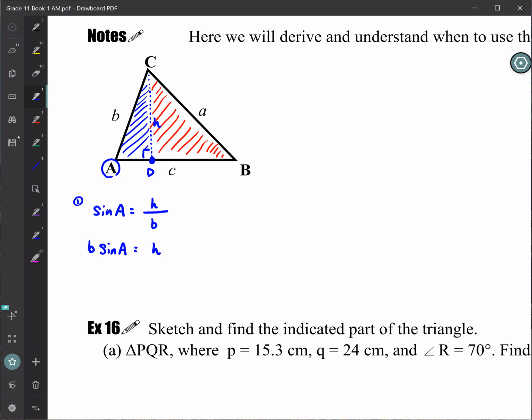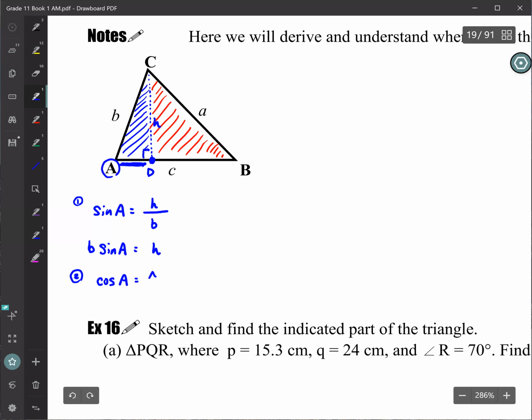Okay, next part I'm going to set up using the blue triangle again, but instead of sine, I'm going to use cosine. Okay, so cosine A, right? Cosine is adjacent over hypotenuse. The adjacent, I'm just going to call it AD, right? This one is the adjacent, A to D, right?